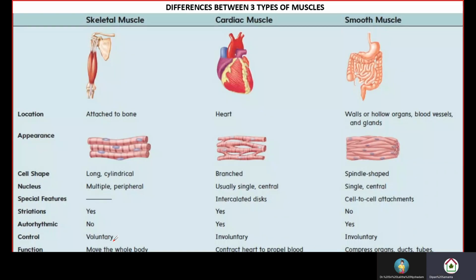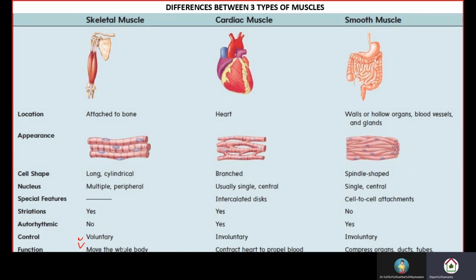So here is a difference between the three types of muscles. You see the locations, then appearance, cell shape, nucleus. Striated muscles, like skeletal and cardiac muscles, are striated, but not smooth muscle. Smooth muscle has no striations. Then the control: skeletal muscle is only voluntary, but cardiac and smooth are involuntary.